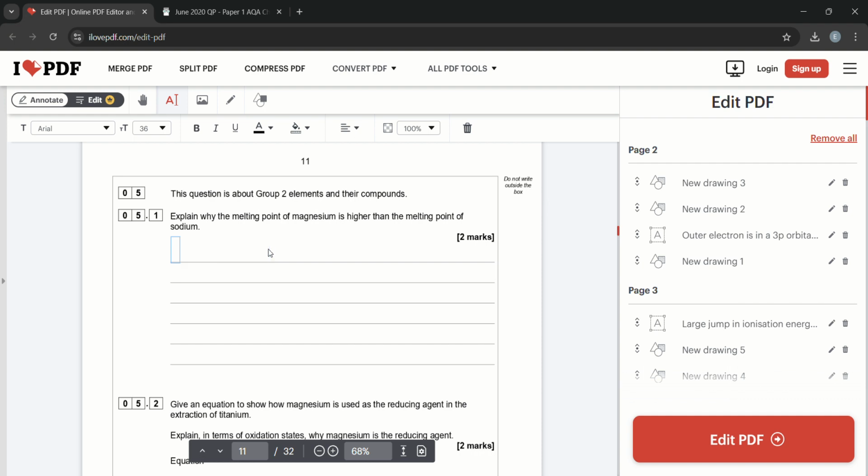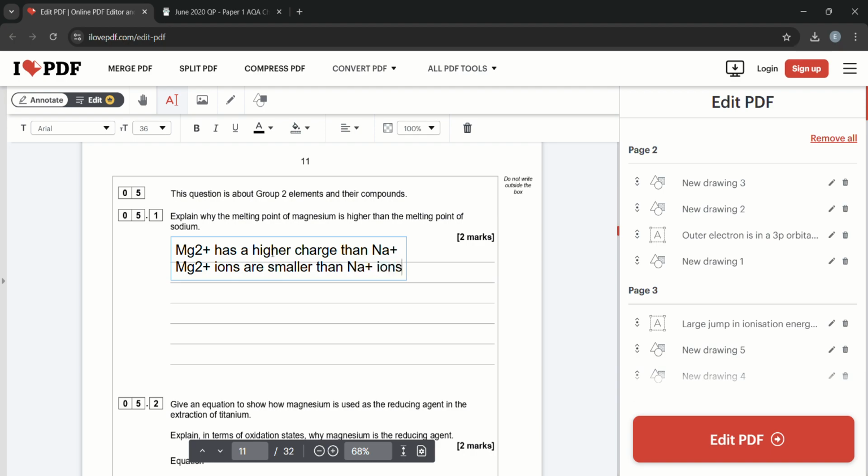So we know Mg2+ has a higher charge than Na+. Now, as it's got a higher charge, Mg2+ is smaller. Mg2+ ions are smaller than Na+ ions.